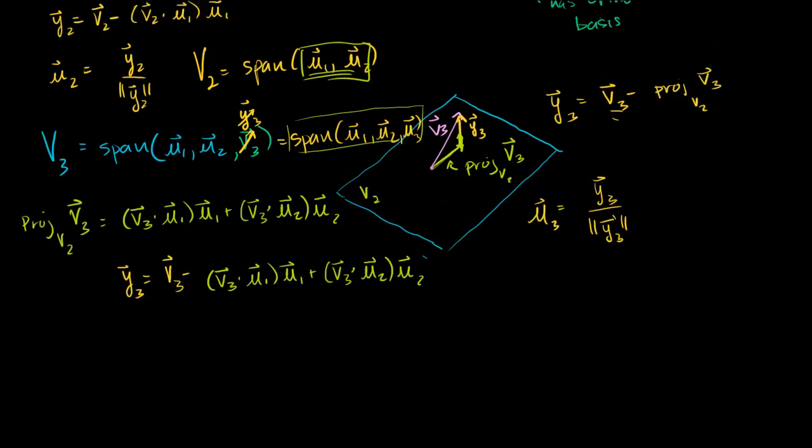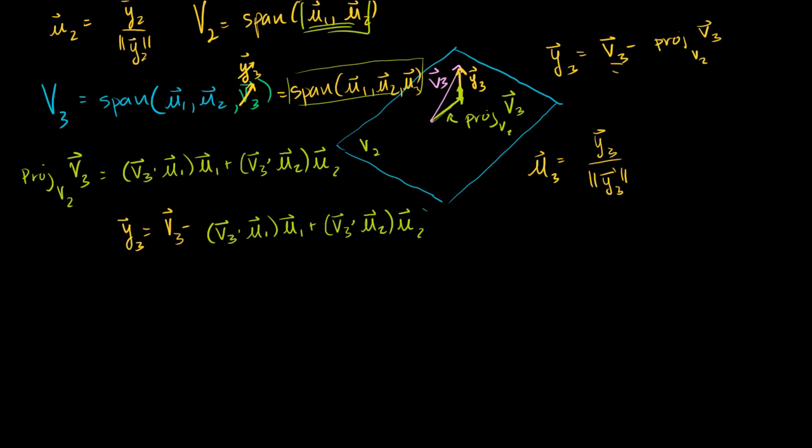If k is 4, you define a subspace V4 equal to the span of u1, u2, u3, and then throw our non-orthonormal vector v4 into the mix. And so you can replace v4 with y4, which is equal to v4 minus the projection.